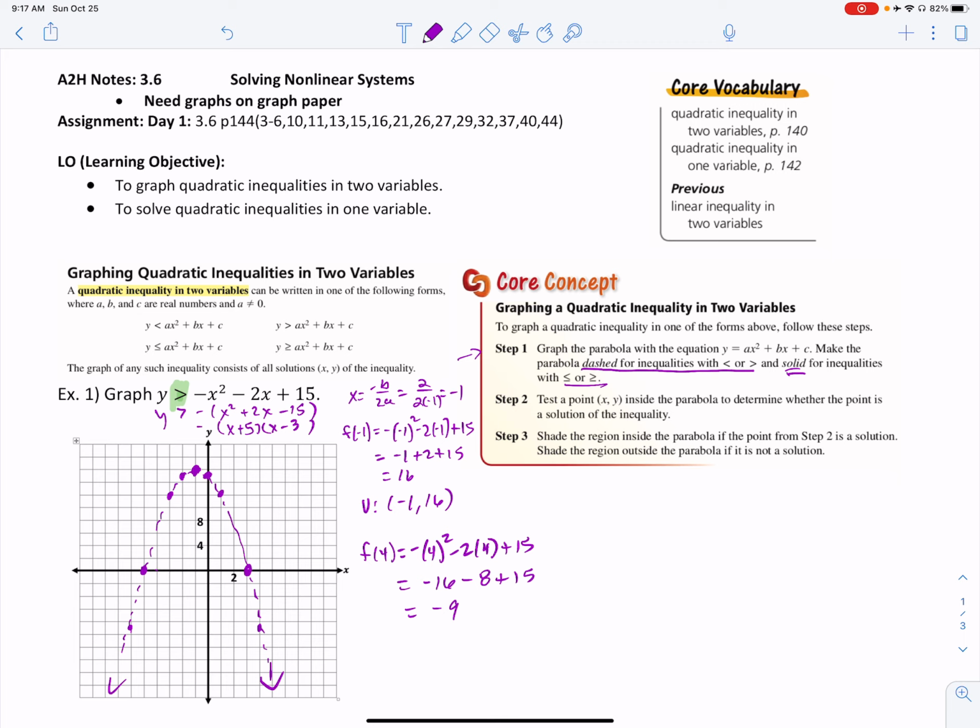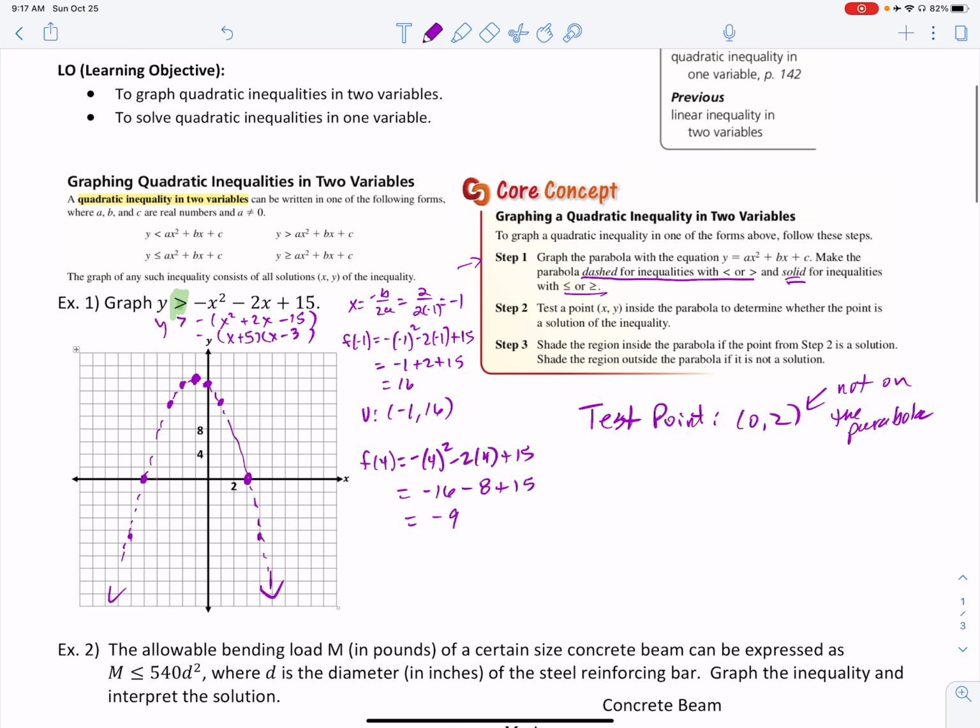So what we're going to do is test a point. I'm going to just test the point 0, 2. It has to be not on the parabola. They suggest picking a point on the inside. So 0, 2 would be right here.